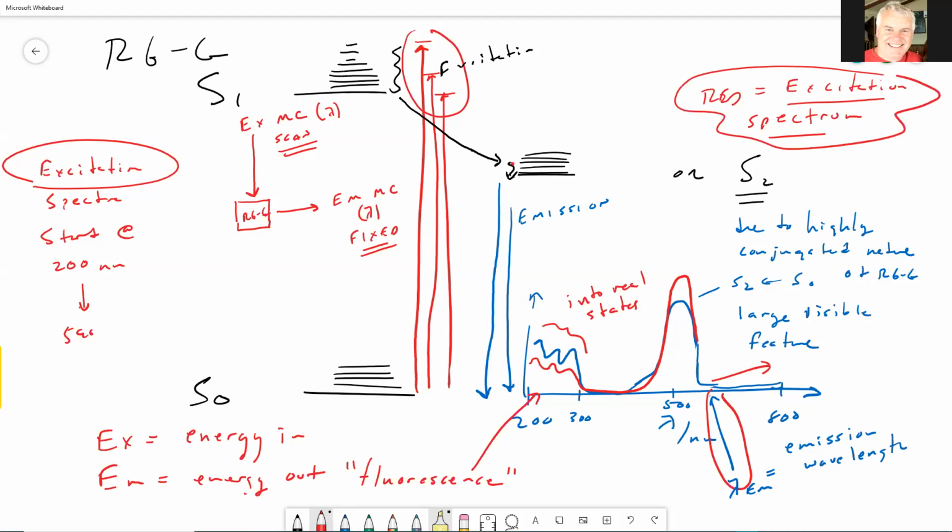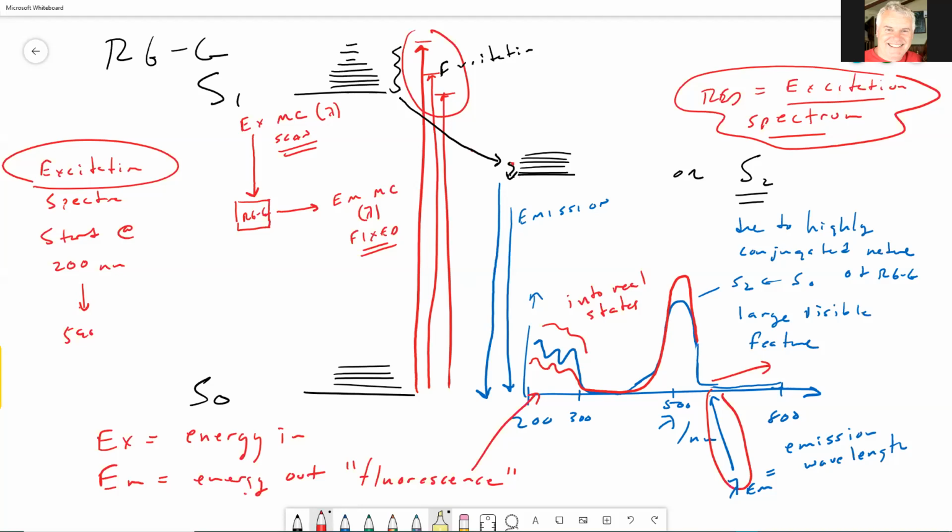And now it's possible to collect an excitation spectrum on an extremely dilute solution, a solution that's way too dilute to actually collect absorption data. And that's one of the interesting things about fluorescence, right?